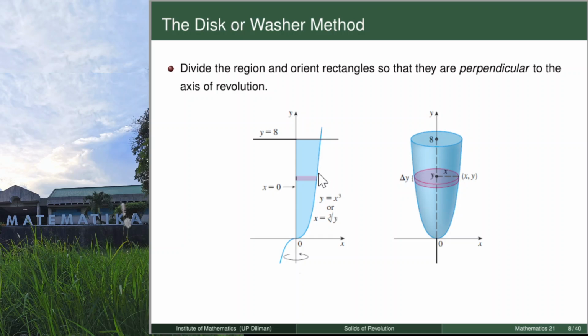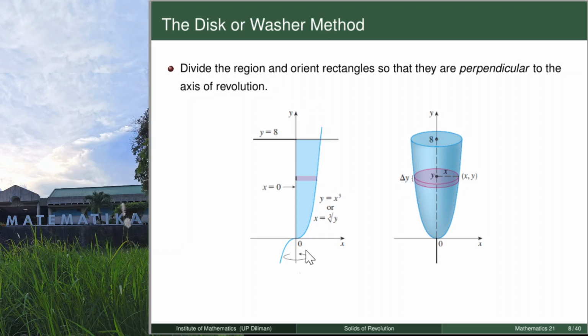All you need to do is check the boundaries of your plane region. You have to check if the boundaries of your plane region has a segment that coincides with the axis of revolution. For example, in this case, this vertical segment here is a boundary of our plane region, and it coincides with the axis of revolution.